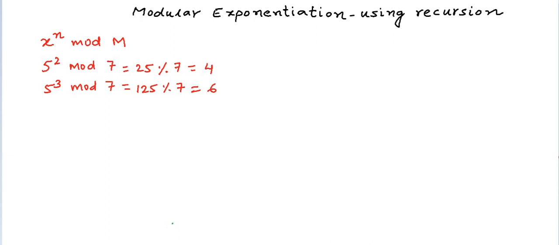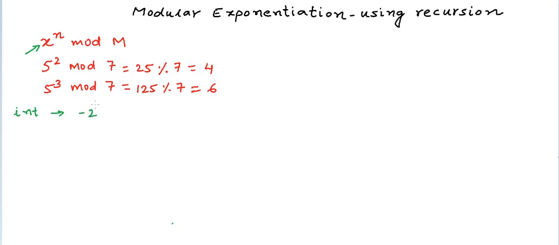So one simplest approach is that we can first calculate x to the power n and then take a mod by m. But there is a practical problem here. Even for small values of x and n, x to the power n can be really large, and it may not fit in a data type of the language. For example, an integer is often stored in 32 bits, and 1 bit is for representing the sign.